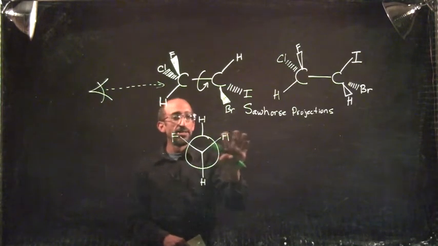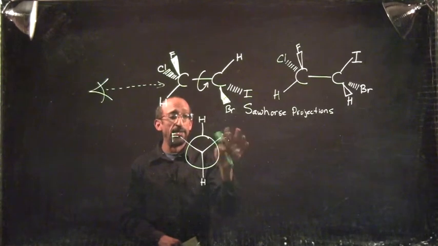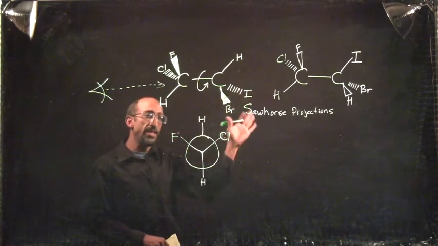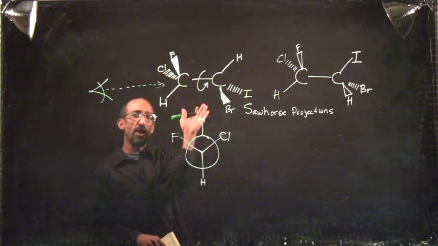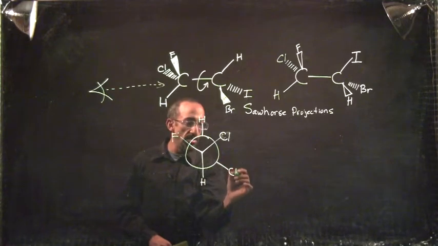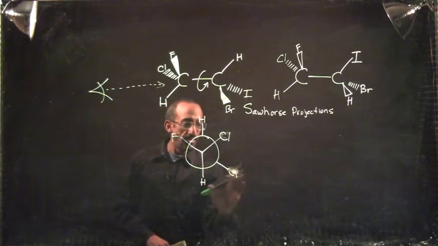Oh, excuse me. That should be a chlorine atom. So my iodine is coming behind the board on the same side of the molecule as the chlorine atom. And so it would go here.